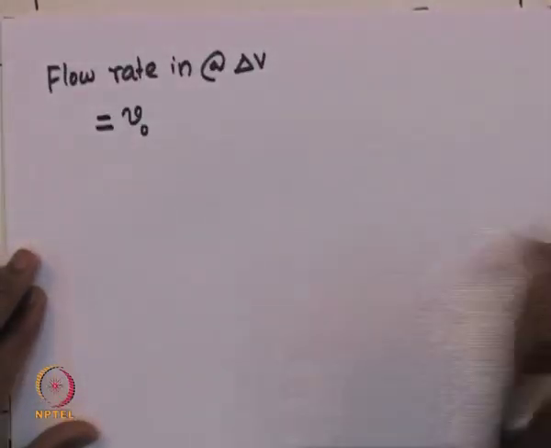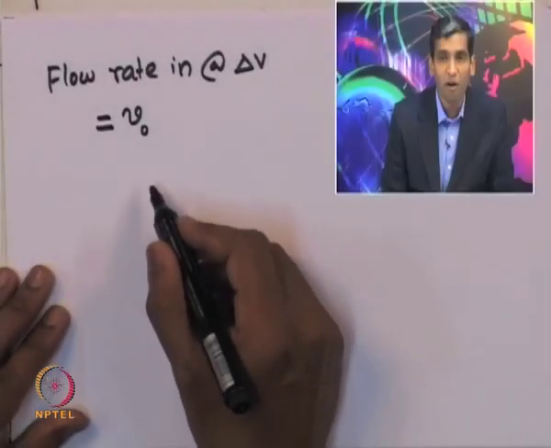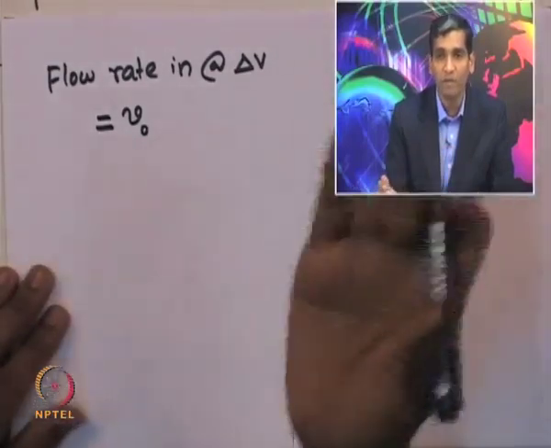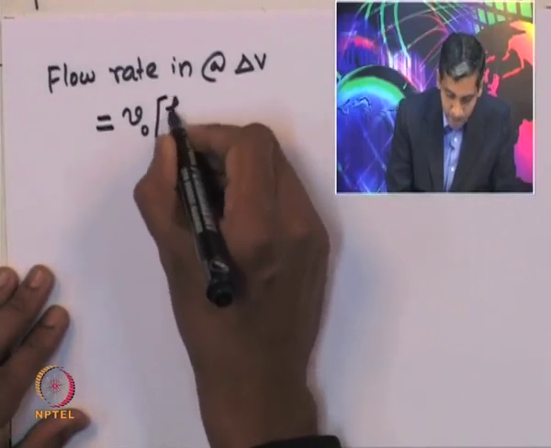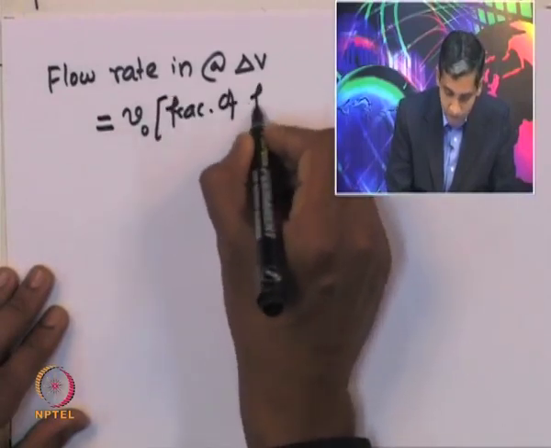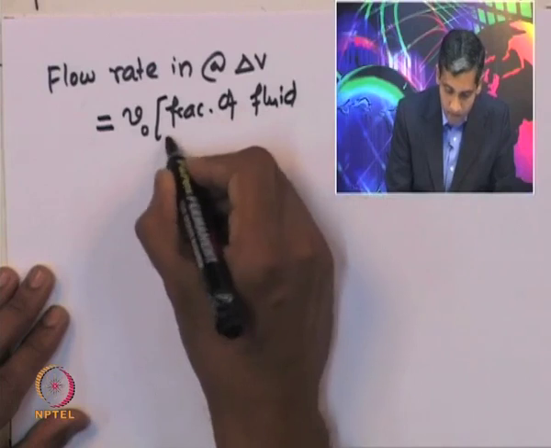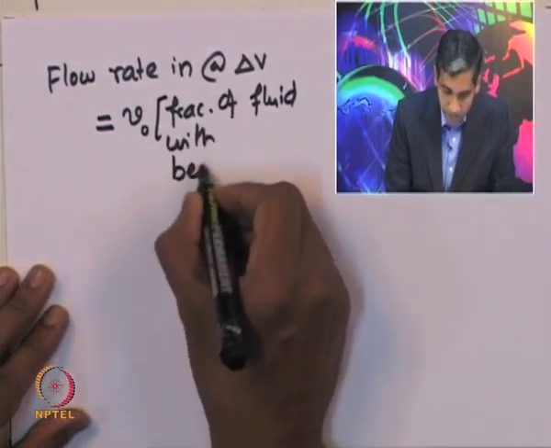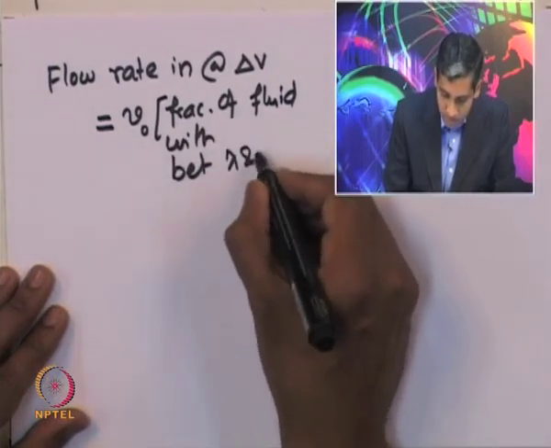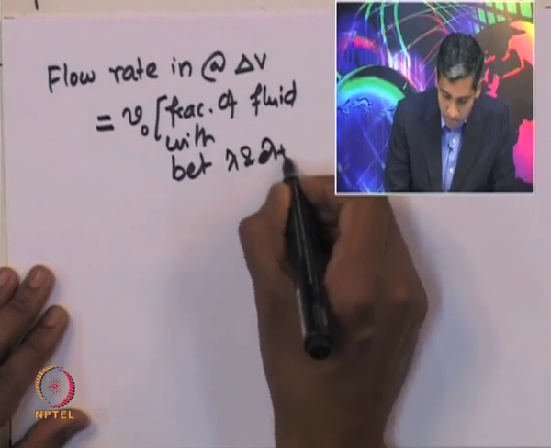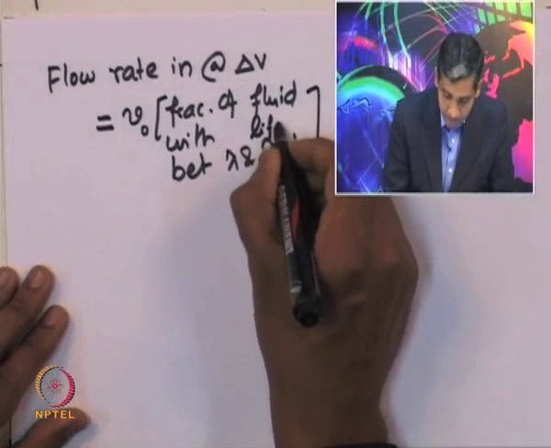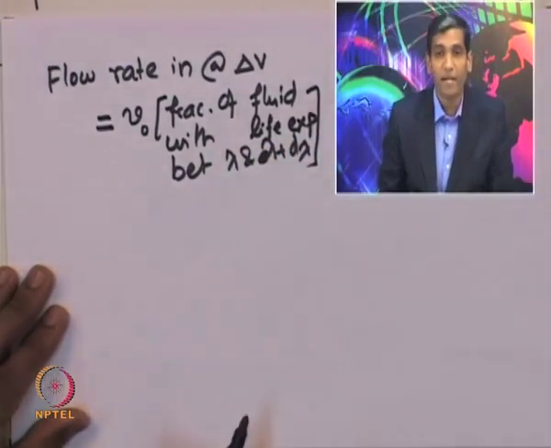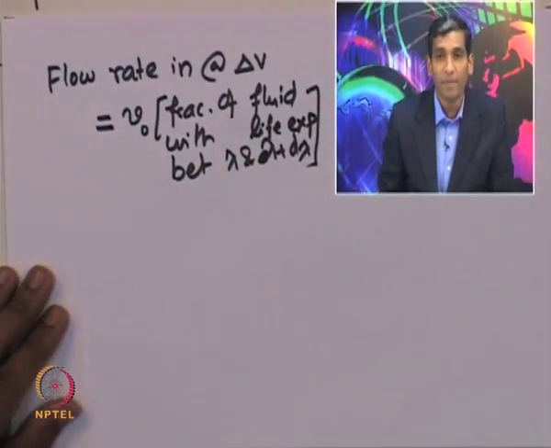So, the flow rate at delta V should be equal to V naught, which is the volumetric flow rate with which the fluid is being pumped in, multiplied by the fraction of fluid with life expectancy between lambda and lambda plus d lambda.